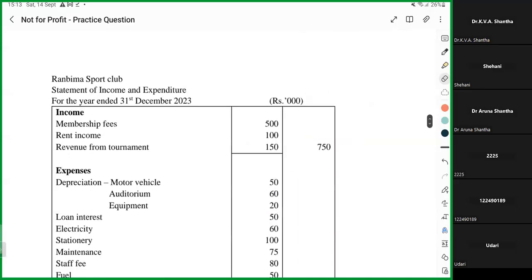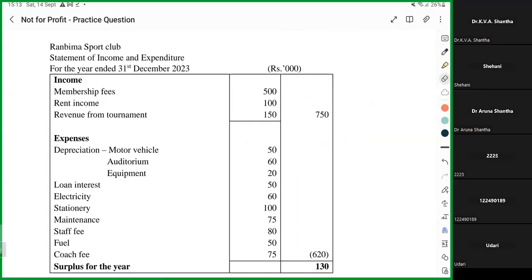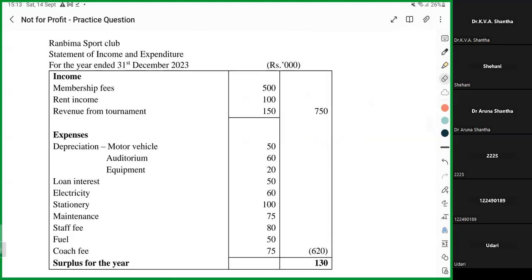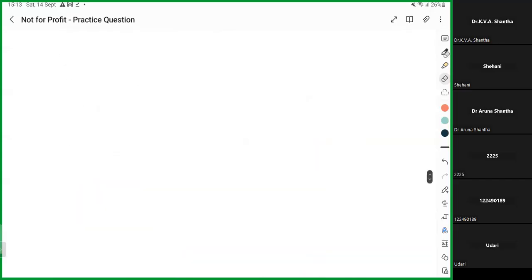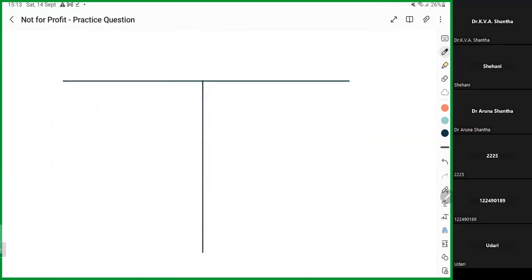Statement of income and expenditure. Or you can prepare this as an account like this, an income and expenditure account.